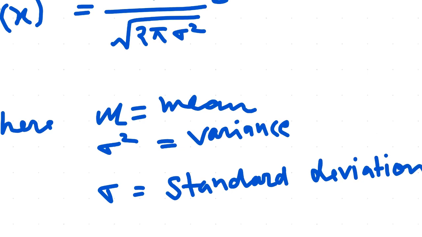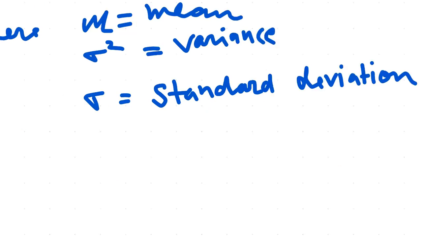And small x is the normal random variable, because this is the normal distribution. So here x is the normal random variable.